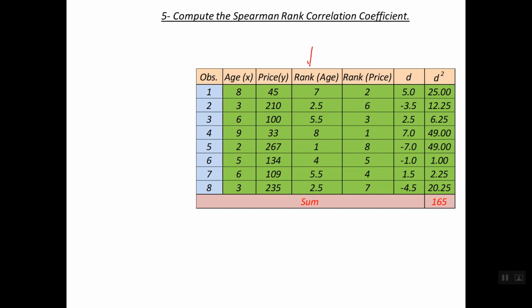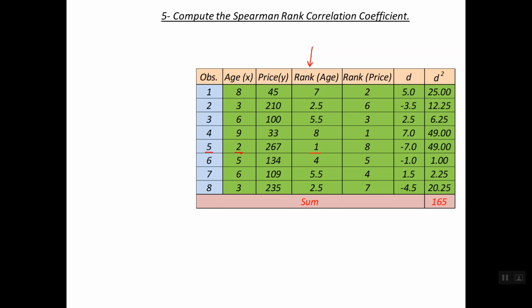So in this case, we add a new column for the rank of the age of the car. The least age for the 8 cars is the car number 5, and its age is simply 2 years. So this car takes rank number 1.